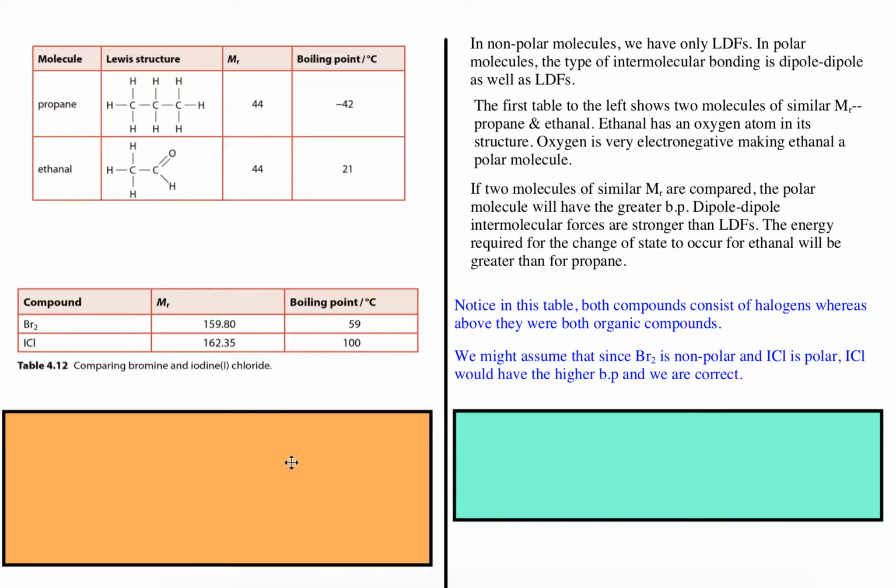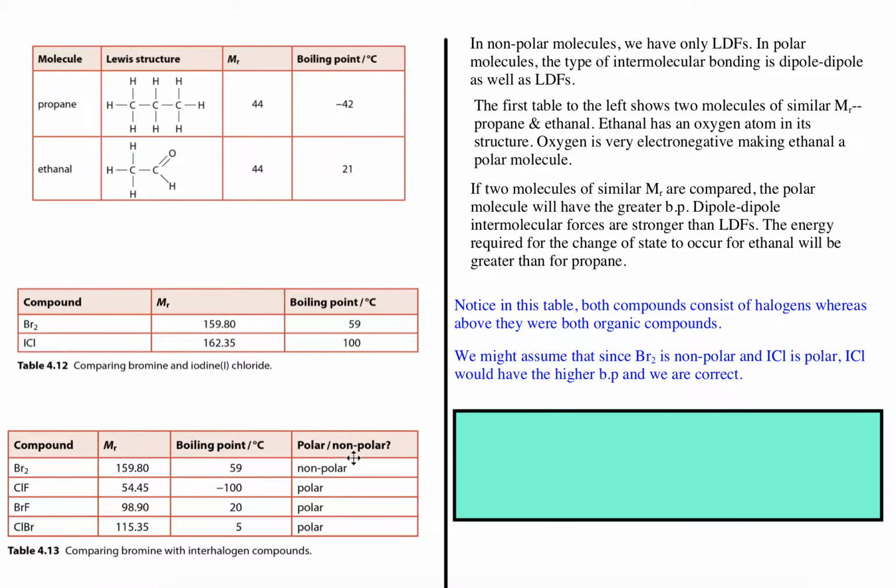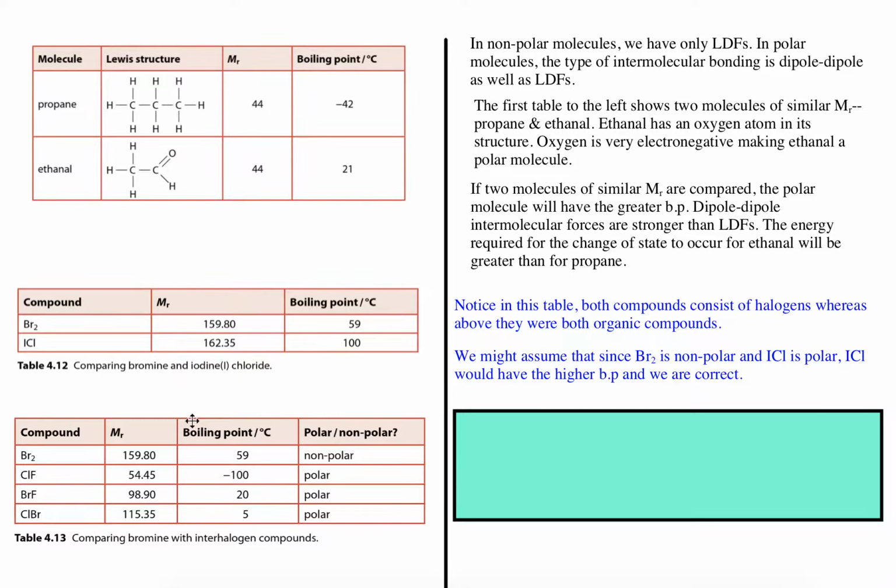Now we've got, once again, a halogen comparison: chlorine monofluoride, bromine monofluoride, chlorine monobromide, and bromine.